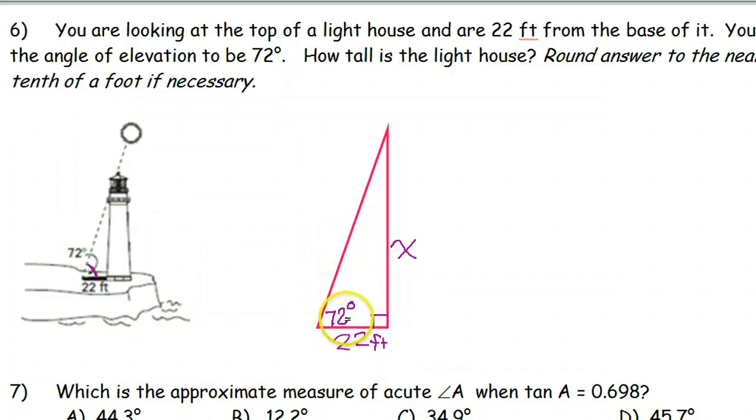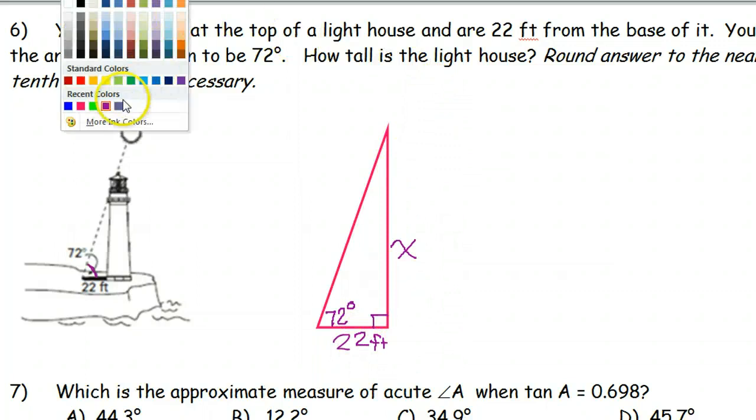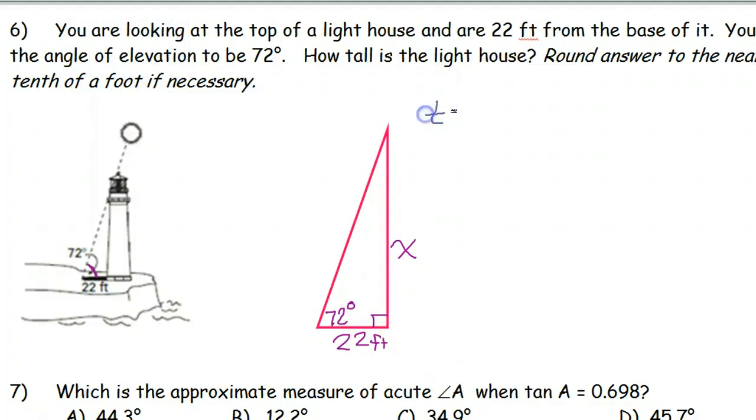So from the 72, this is opposite leg and this is adjacent leg, because this is the hypotenuse here. Opposite over adjacent. So the tangent function is opposite over adjacent. So that's why we will go tangent of 72 degrees is equal to opposite over adjacent.